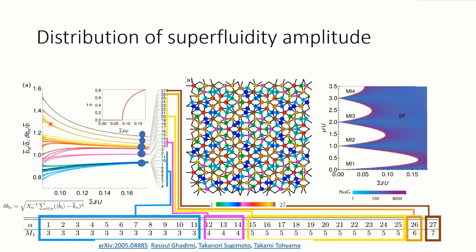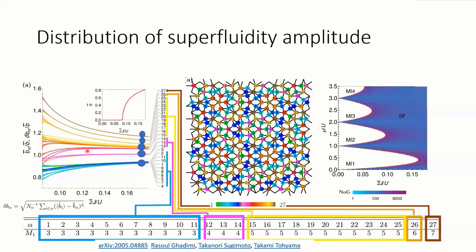If you look carefully near this phase transition, I also show bars which indicate how widely the superfluid amplitude is distributed in each class. This is actually the standard deviation of the superfluid amplitude in each class. You can see that by approaching the phase transition, this standard deviation increases.